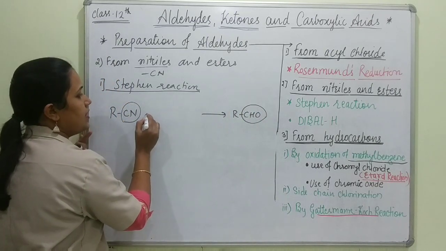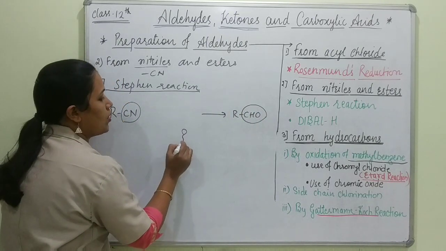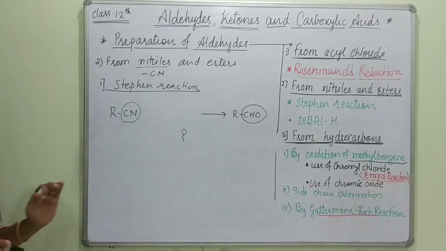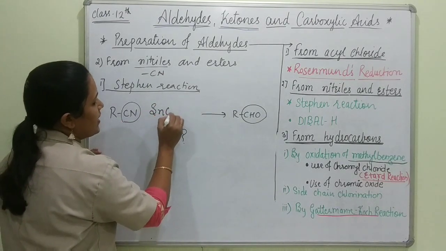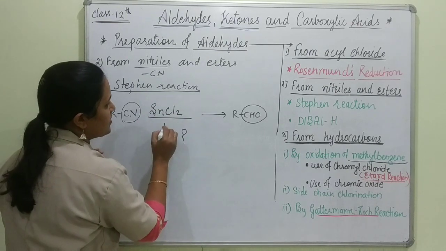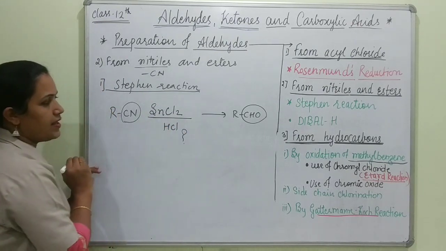Now specifically we need to write what reagents we can use for this Stephen reaction: SnCl2 in the presence of HCl.